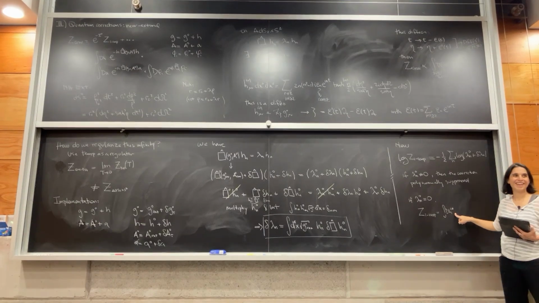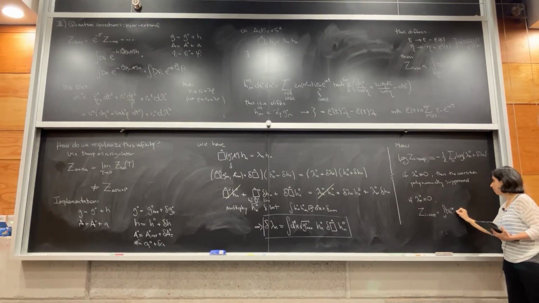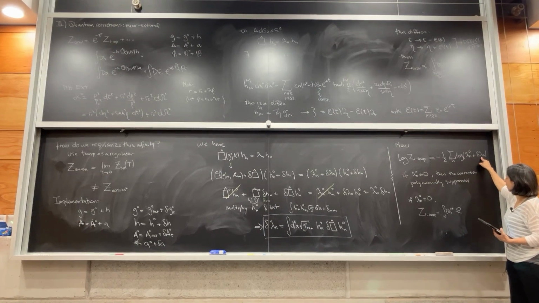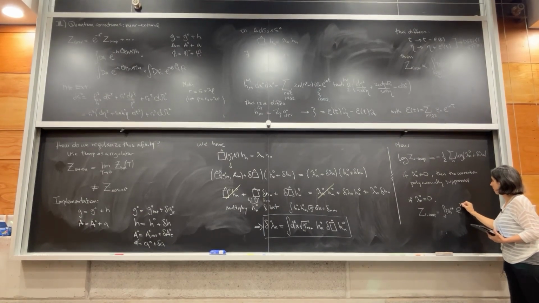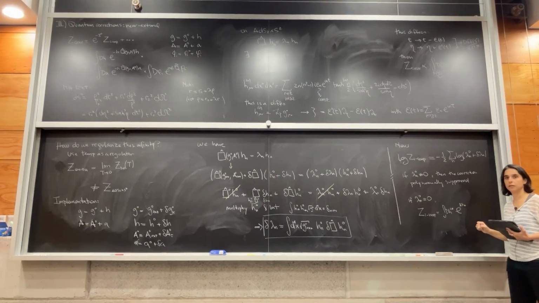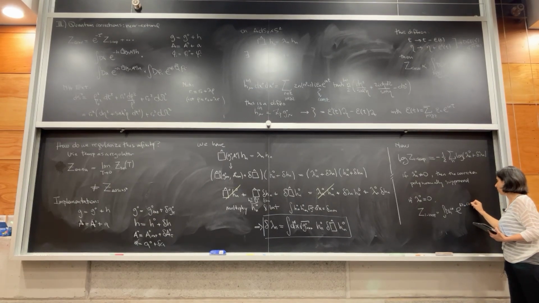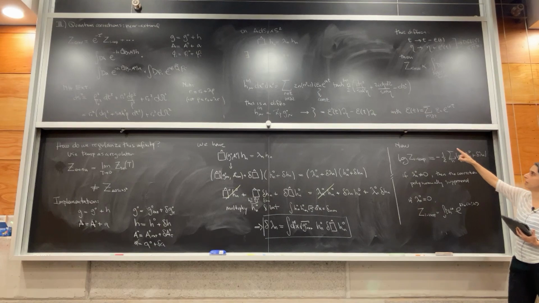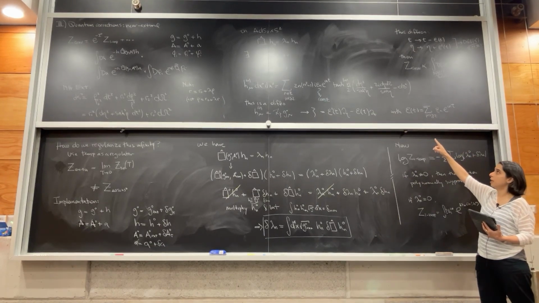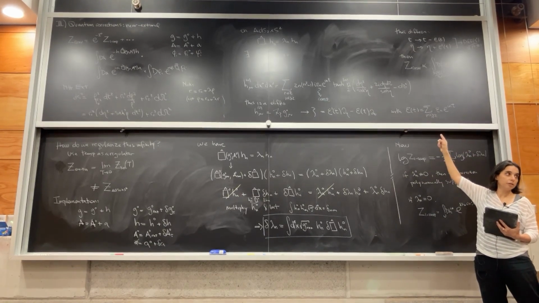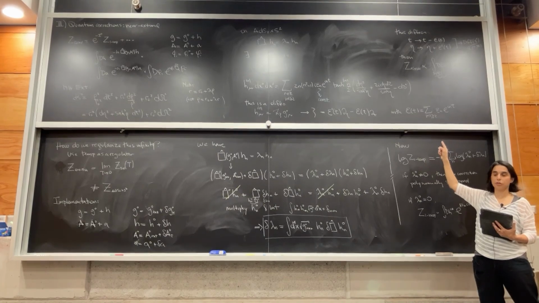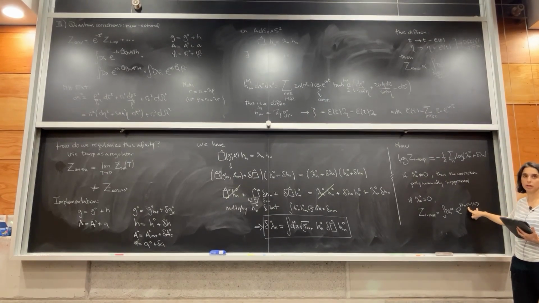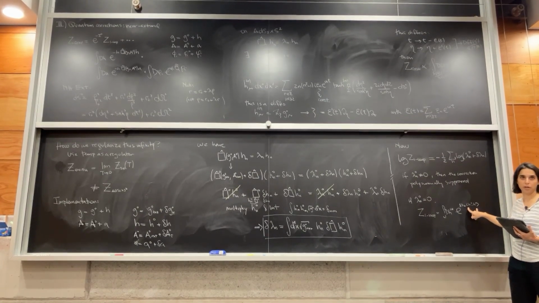Before, they didn't have any action; there was no contribution to their action. But now, if they get corrected, they will be corrected by this delta lambda n times their inner product. I forgot to mention that these are normalizable diffeomorphisms, so the inner product between them you can normalize to 1.